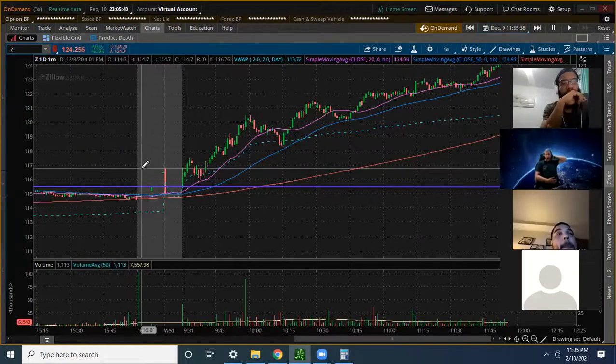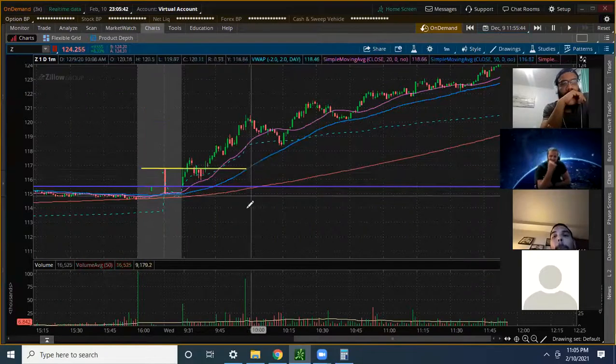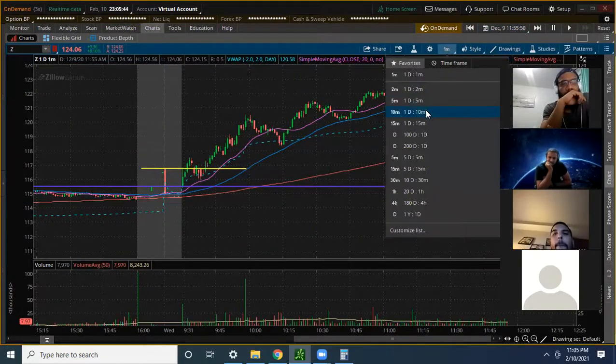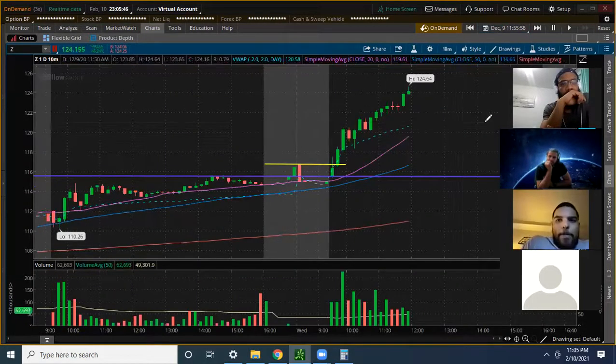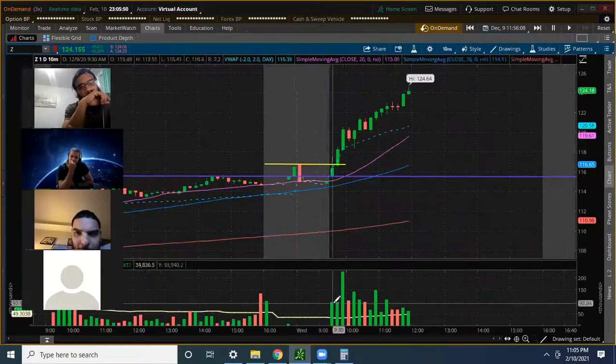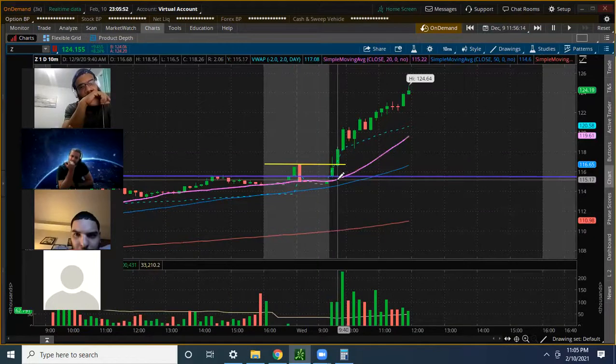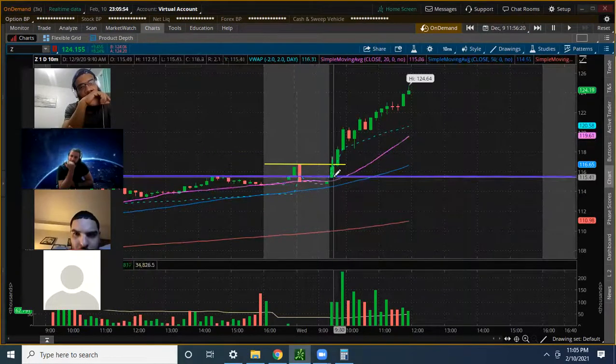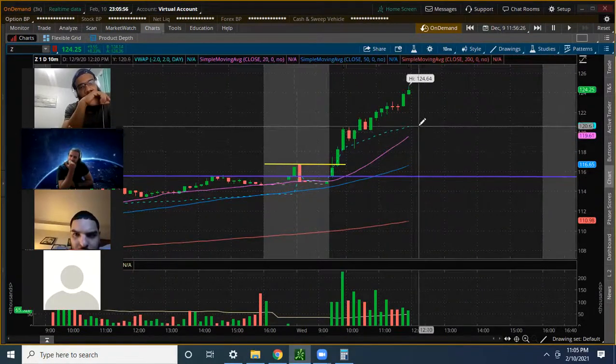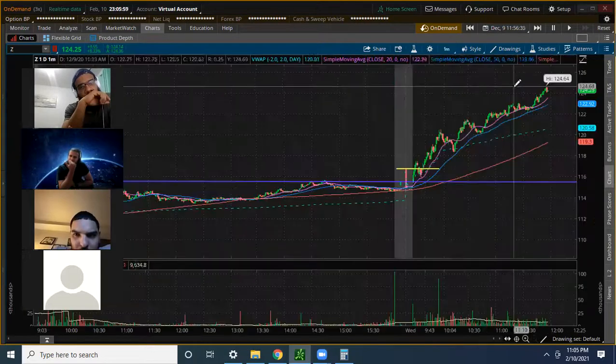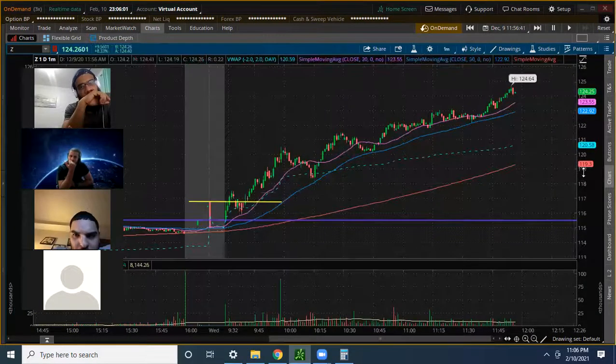It broke the pre-market high. There's so many buy signals. Let's check the 10-minute chart and see the overall trend for the day. We got massive volume. The 20 sets up above the 200, opens up wide. This is textbook execution.